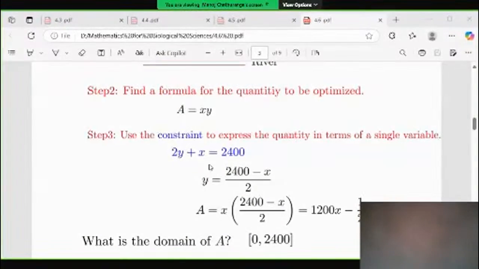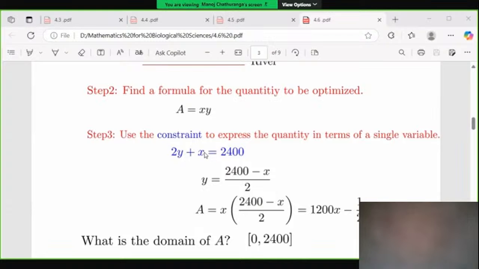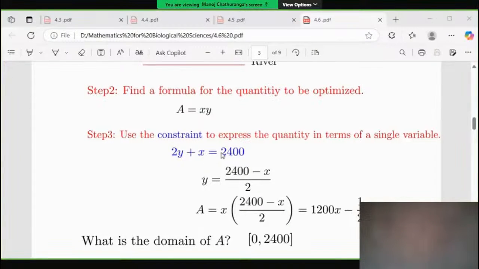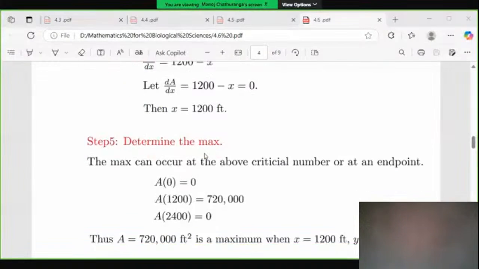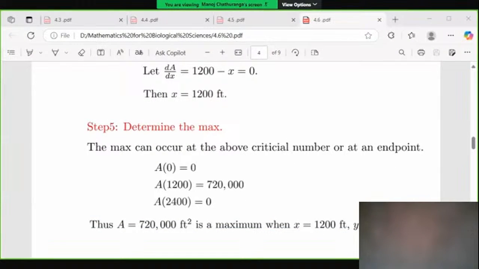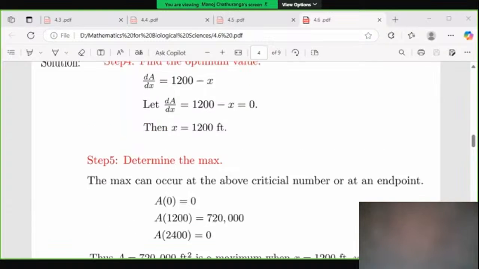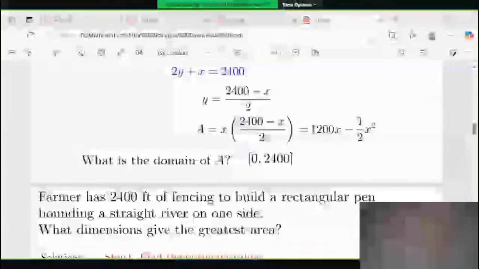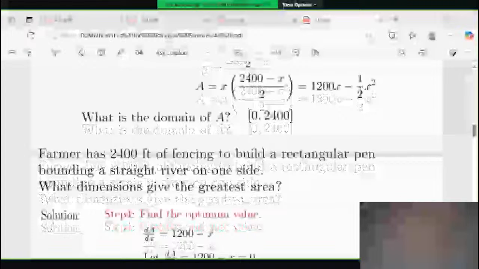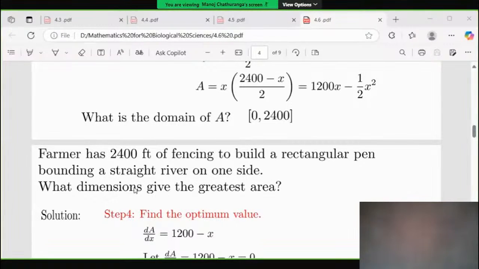According to this problem, you computed x to be 1200. When x is 1200, you can substitute it here, and y should be 600. Those are the dimensions giving us the greatest area.